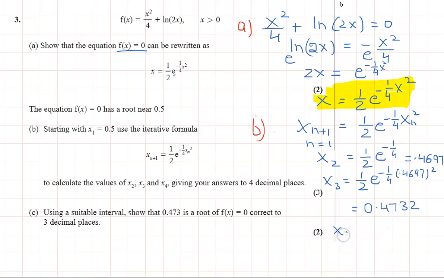In the same way, you put n is equal to 3. So half e to the power minus 1 over 4, 0.4732 squared. So x4 will be 0.4728. So these are the values of x2, x3 and x4.